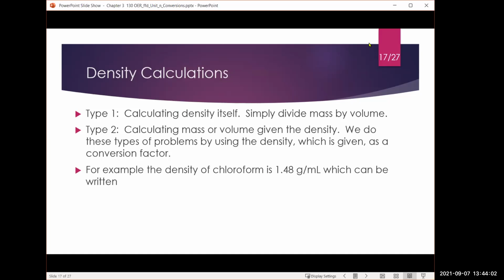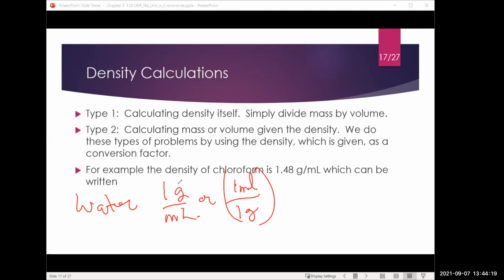We're going to use water as an example: 1 gram per milliliter, and I can set it up as 1 milliliter per 1 gram, either way. Our question is, how many grams are in 150 milliliters of water?